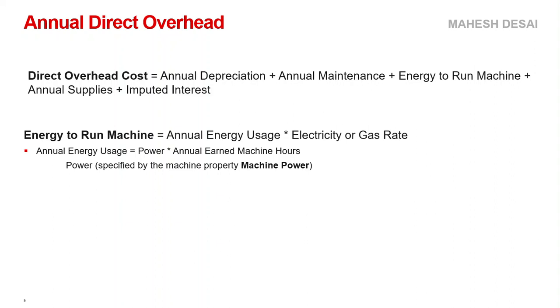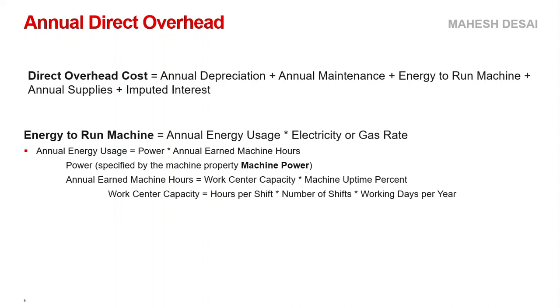In general terms, this is how much power is used, in kilowatts per hour, multiplied by the number of hours.